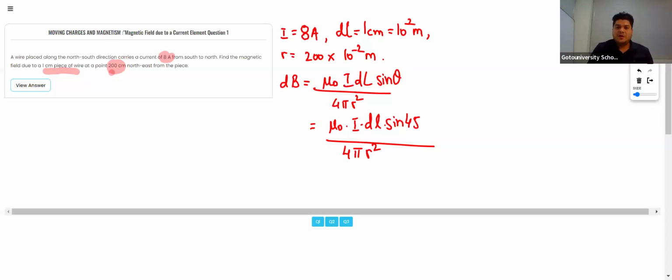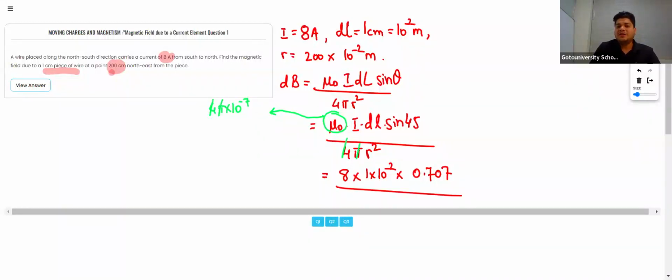Okay, I will give you one hack. Just see. In place of mu naught, you can write 4 pi into 10 raised to minus 7, right? So 4 pi will get cancelled. And this will be equal to, what is current? 8 into, what is dl? 1 into 10 raised to minus 2 into, what is sine 45? 0.707 upon r square. r square means 200 into 10 raised to minus 2, which is 2 meter only.